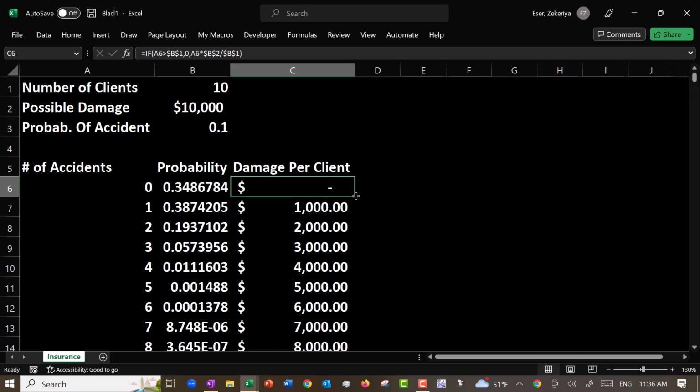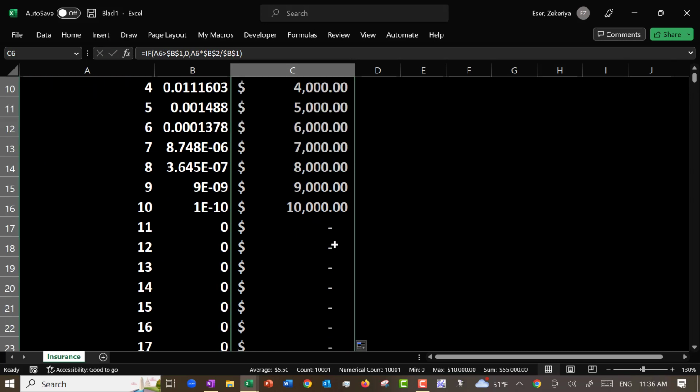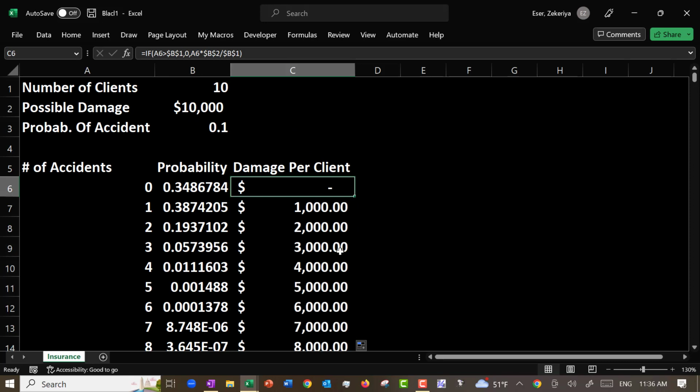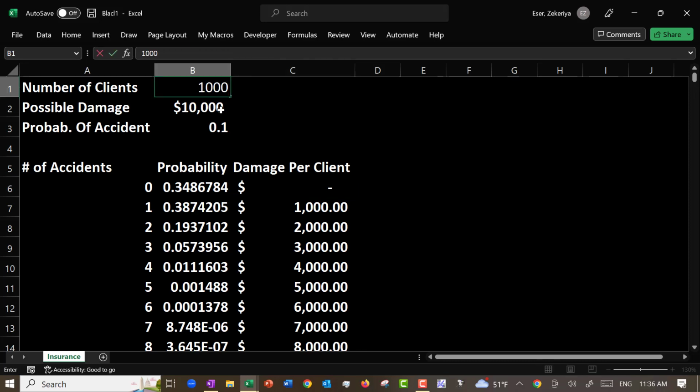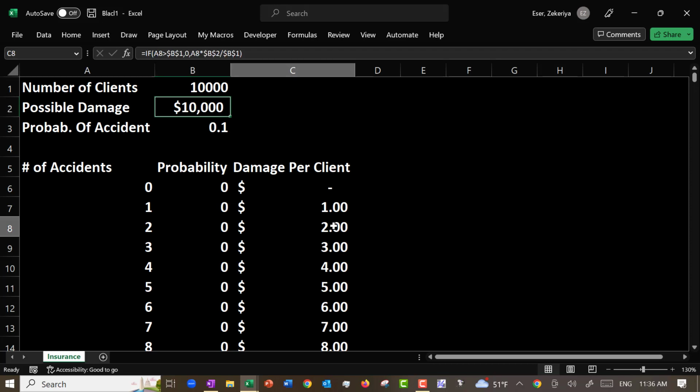So as soon as I tell you the number of clients, this setup is going to calculate damage per client given the number of accidents, okay?